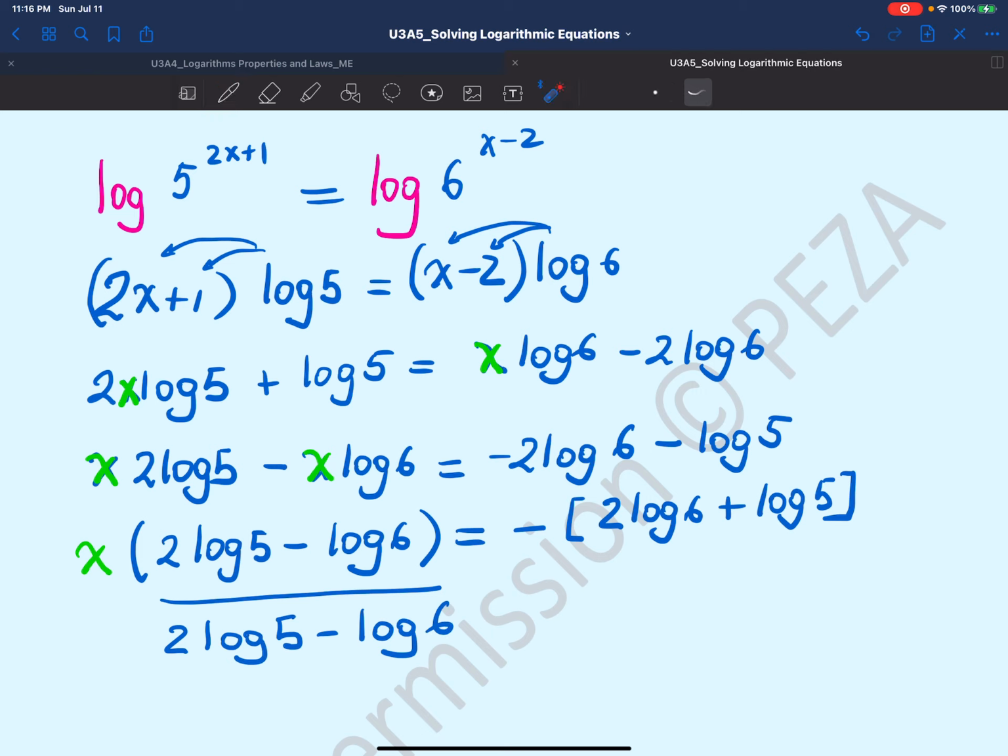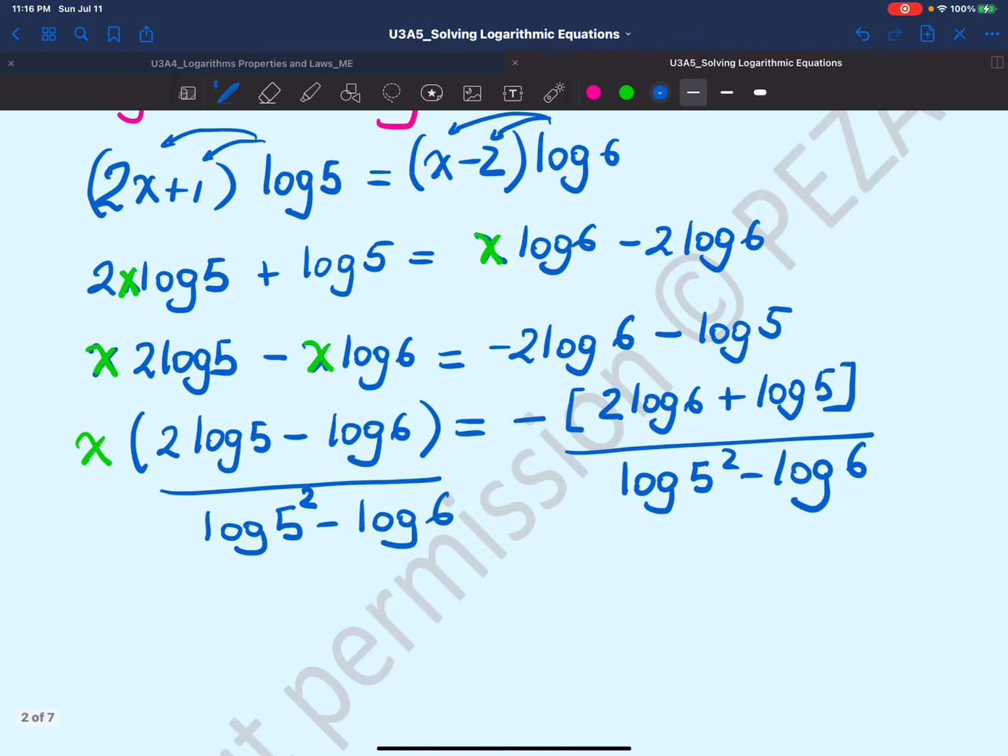And you probably see that we can hopefully combine these two. So we can bring the coefficient 2 inside the log. And down in the denominator, we'll have log of 5 squared minus log 6. Obviously, you can do the simplifying faster, but I'm trying to go as slow as possible so I won't lose anyone in the process.